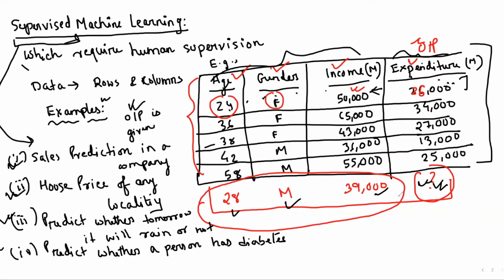Okay, so let me go to a separate screen. Types of supervised machine learning. There are two types.